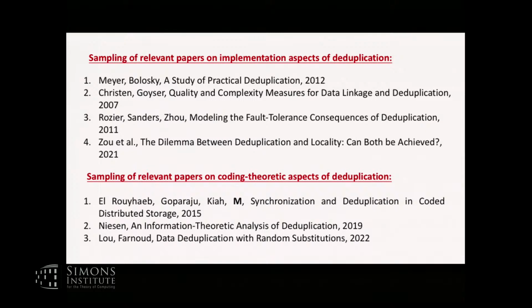I kept talking about computer engineers being extremely interested in these problems. If you want to check the computer engineering literature, the work has been ongoing for many, many years because we had a data revolution and explosion in this century. One of my favorite papers in this area is a Usenix paper that talks about the dilemma between deduplication and locality.